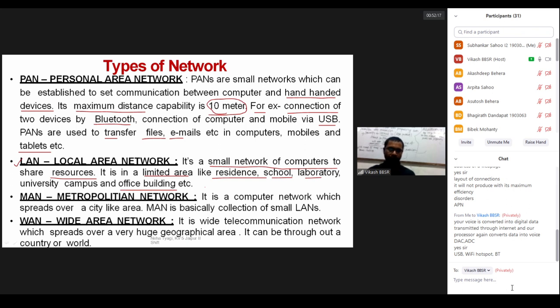Wi-Fi comes under which category? LAN or PAN?